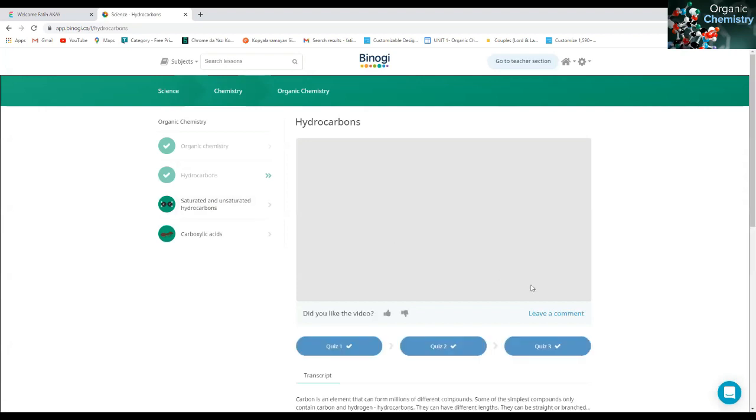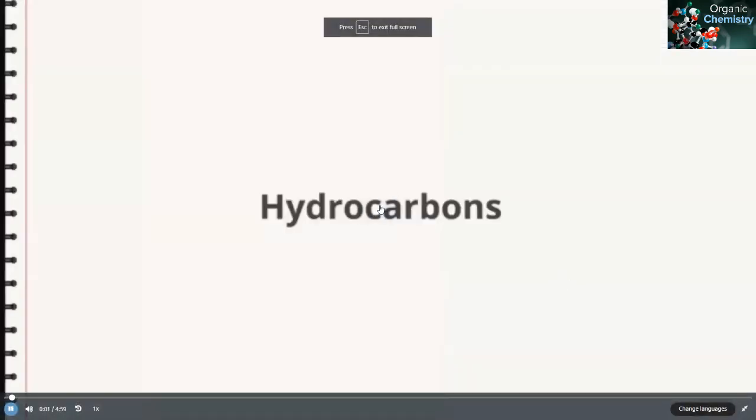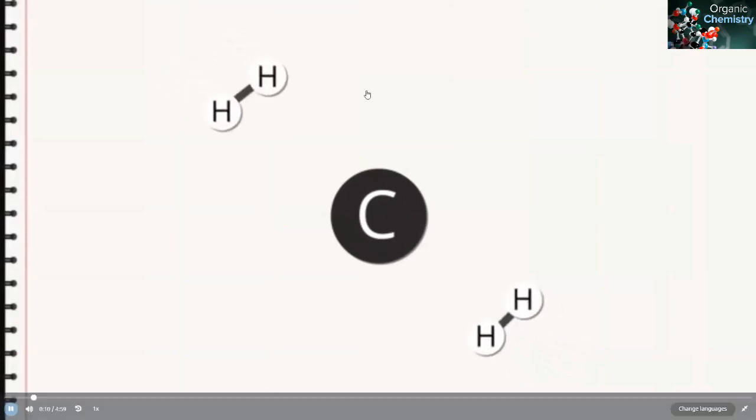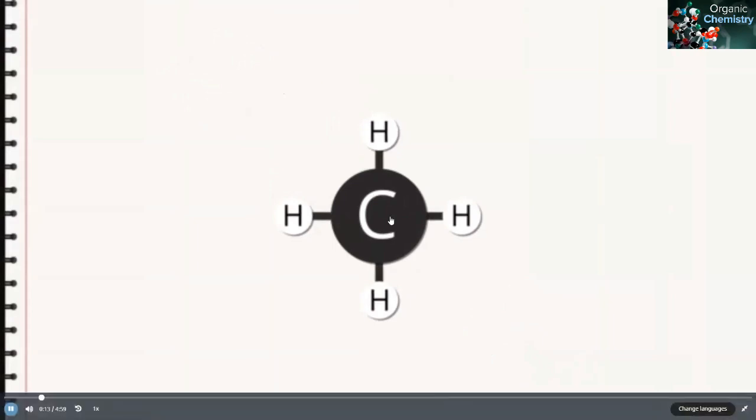In the hydrocarbons, carbon is an element that can form millions of different compounds. Some of the simplest compounds only contain carbon and hydrogen: hydrocarbons.